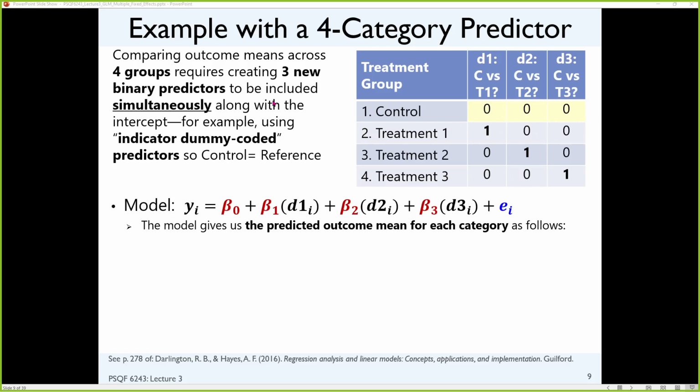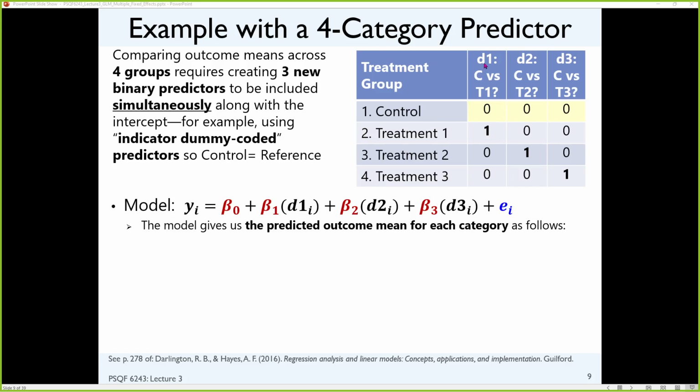So when I say, for instance, make the control group the reference, what that translates to is in the new predictors you're going to create, the control group gets a 0 value across all of them. So making the control group the reference category means the intercept of the model is going to give you the predicted outcome for the control group specifically, because that's when all of the predictors are coded 0.